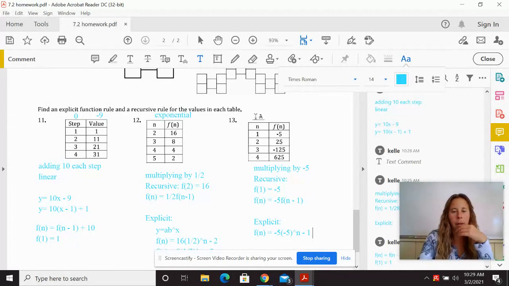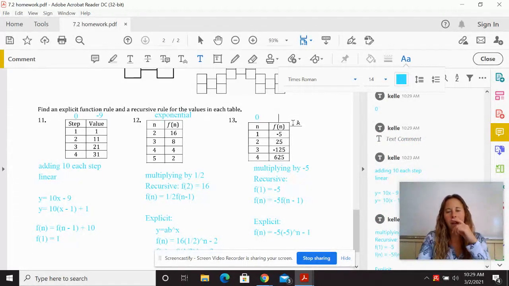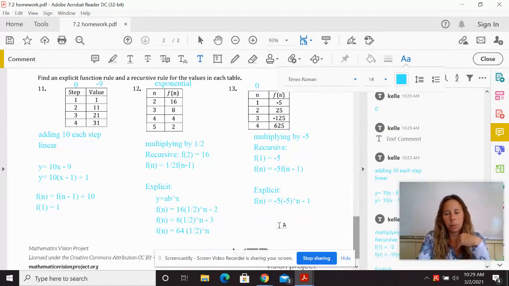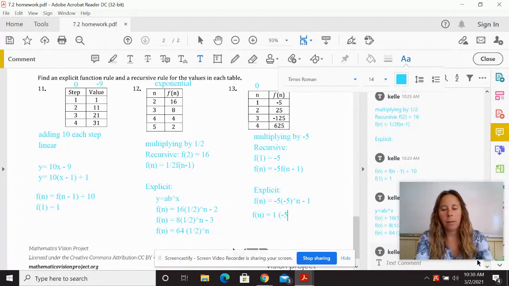If you did it with the y-intercept, so instead of multiplying by -5, you do the opposite. You go backwards. So I'm going to divide by -5, which will give me 1. -5 divided by -5 is 1. So with the y-intercept, it would be f of n equals 1, -5 raised to the n.